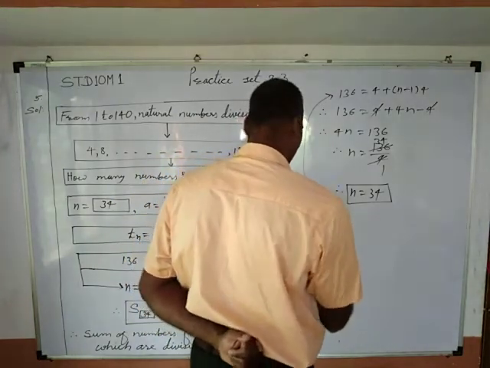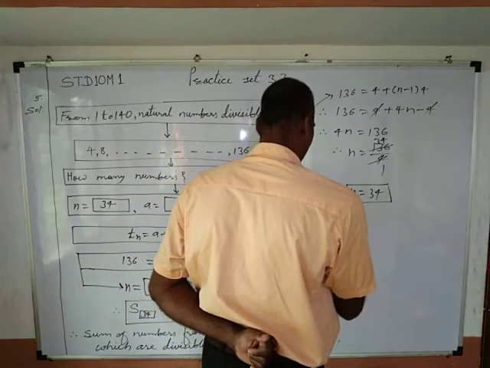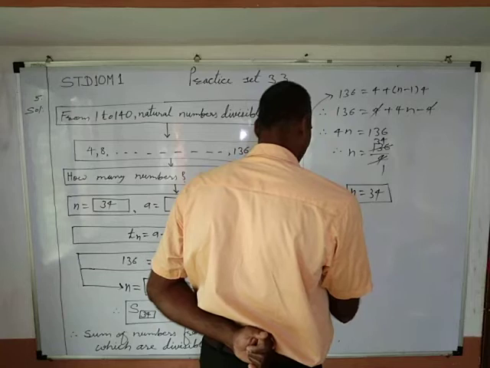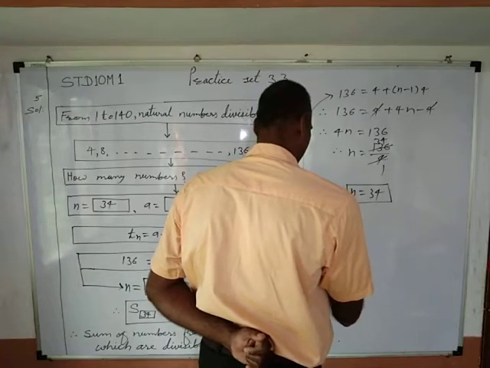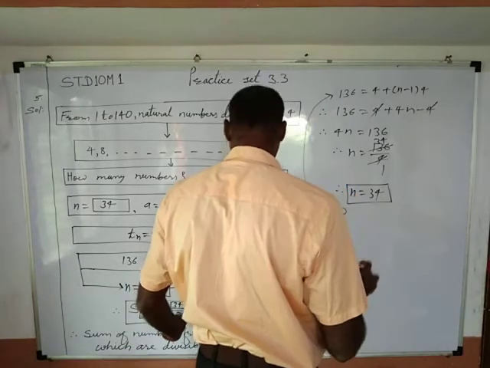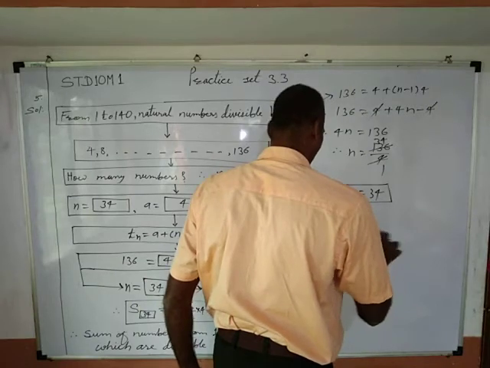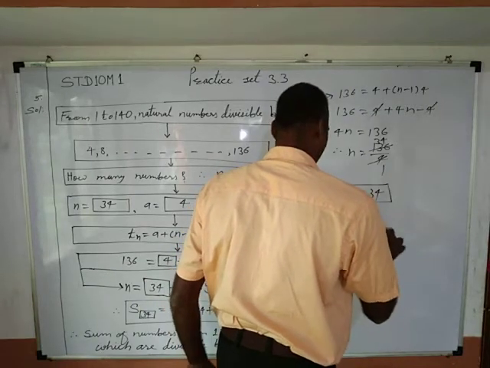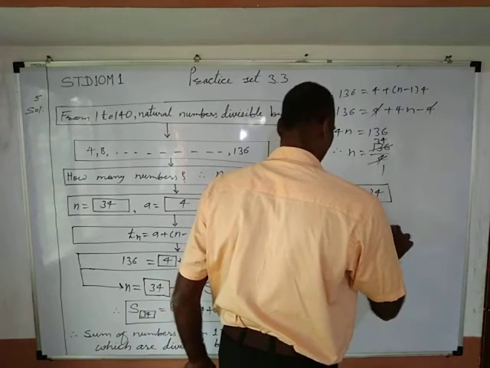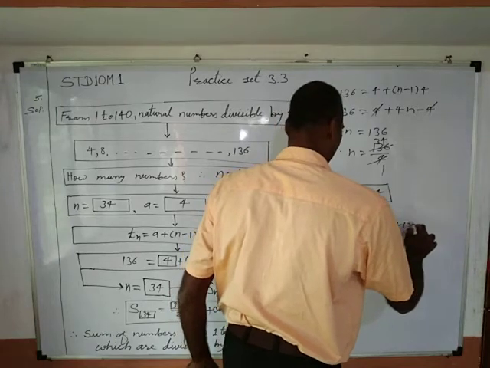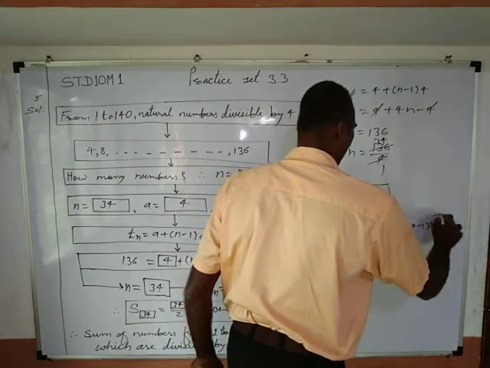On simplification, S34 equals 34 upon 2 into the bracket 2 into 4 plus 34 minus 1 into 4.